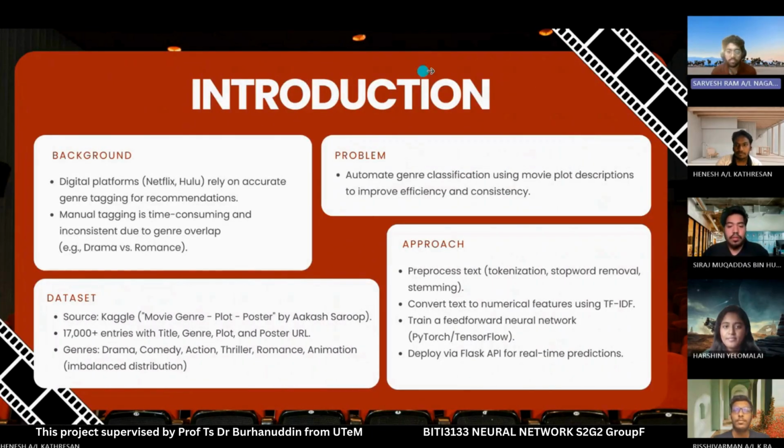Hello. So for the introduction of the movie genre prediction, for the background: in this age of information, digital platforms such as Netflix, Hulu, and Amazon Prime rely heavily on accurate genre tagging for recommendations.